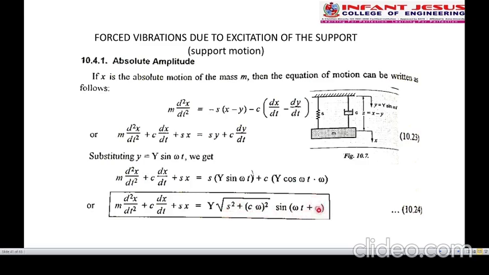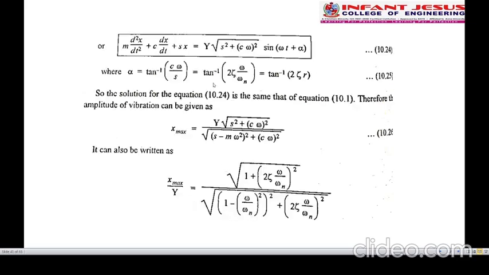The simplification procedure is not important for us, so the answer is sufficient. After the final simplification we get this answer.